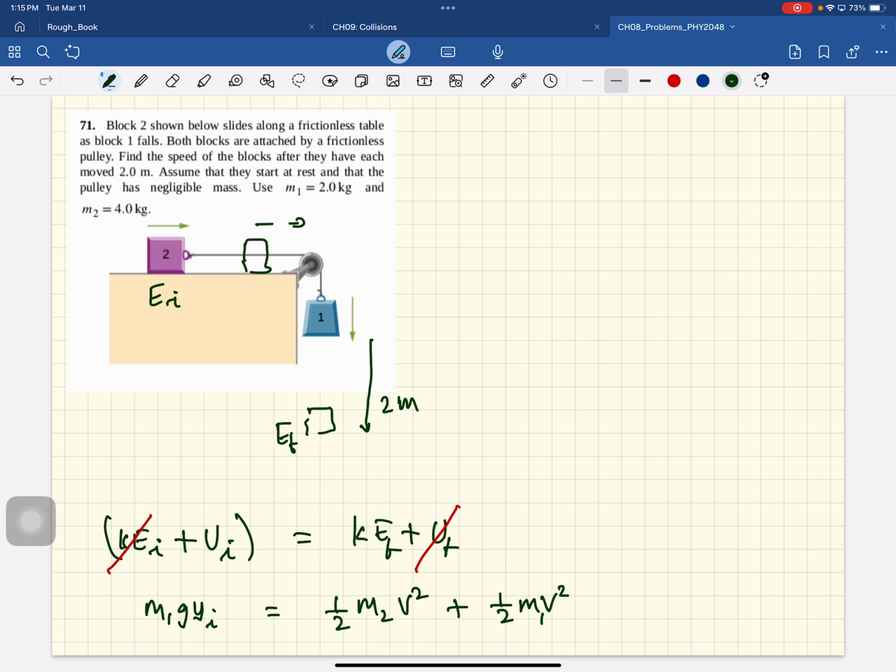The potential energy of this guy does not change, so we don't have to track that. This potential energy changed into the kinetic energy of the two guys. All right, m1 g y initial equal to 1/2 m1 plus m2 v squared.